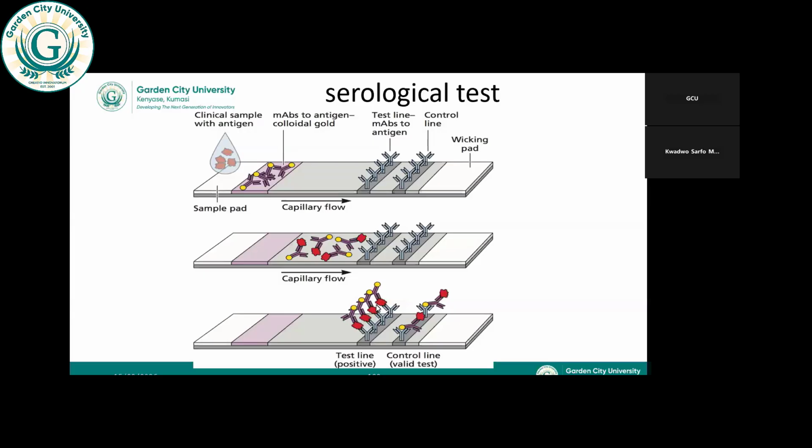These are the antigens from the sample. What you are seeing in yellow and the purple are what were on the cassette, the monoclonal antibodies.